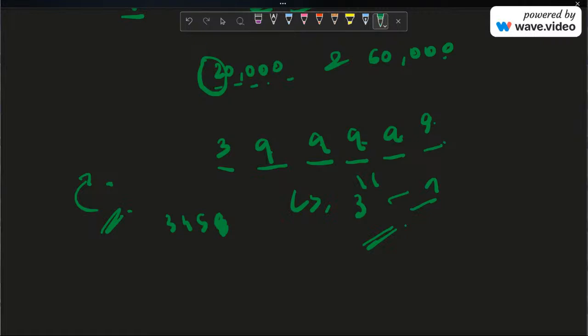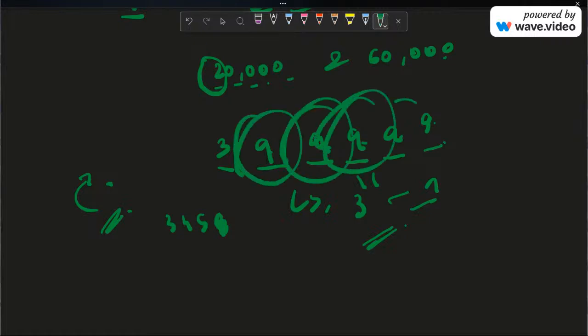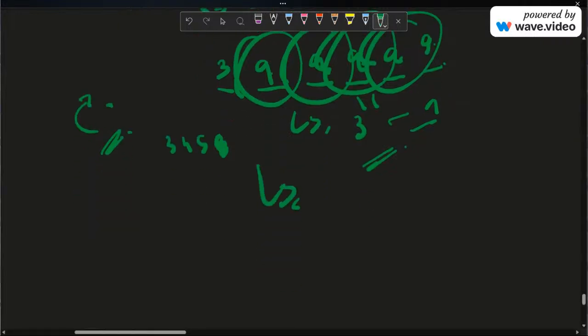Ah, 9 digits cannot be filled here. All 10 digits can be filled. Let's go. 3, 1, 2, 3, 4, 5.